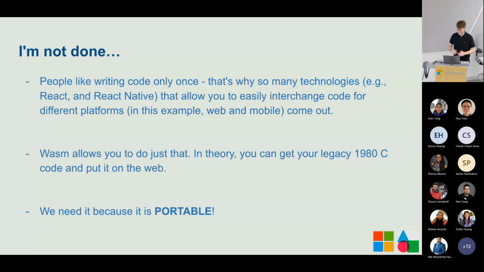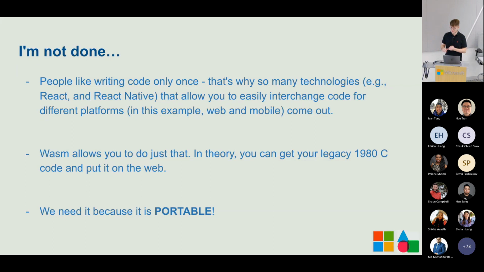But I'm not done. People really like writing code only once. That's why so many technologies like React and React Native come out, right? In this example, you can easily interchange code between, say, the web and your mobile. WebAssembly allows you to do that as well. So you can take your legacy 1980 C code, modernize it, and put it on the web with WebAssembly.